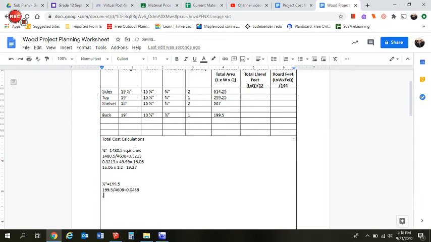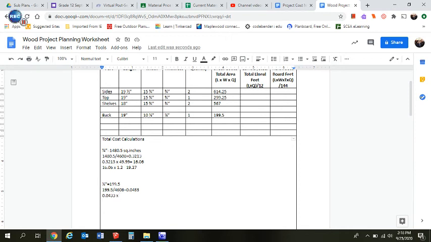Now we're going to take that amount, 0.0433 times the cost of our material. And remember that 1/4 inch good one side birch is $39.99 before taxes. We're going to get to that right away.